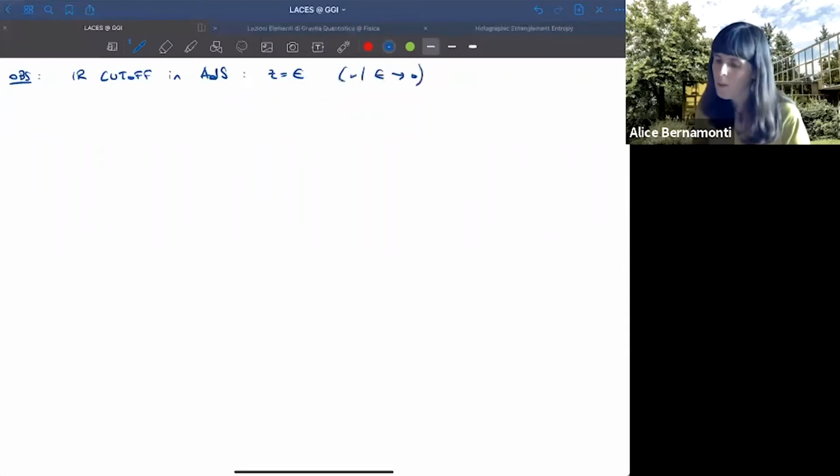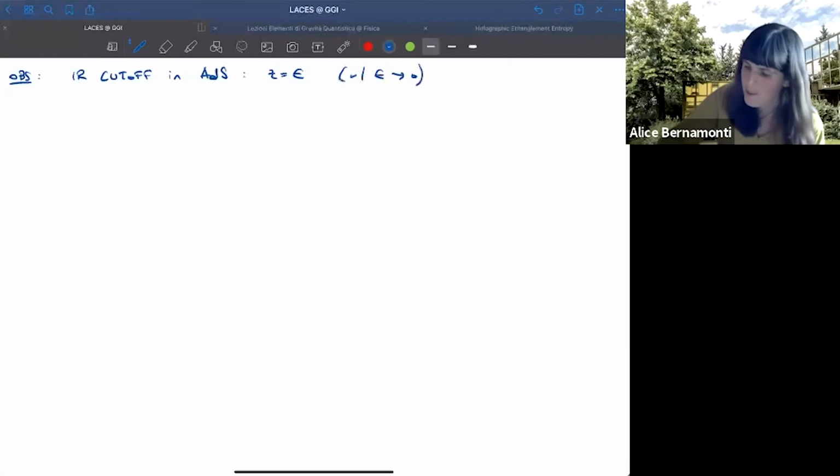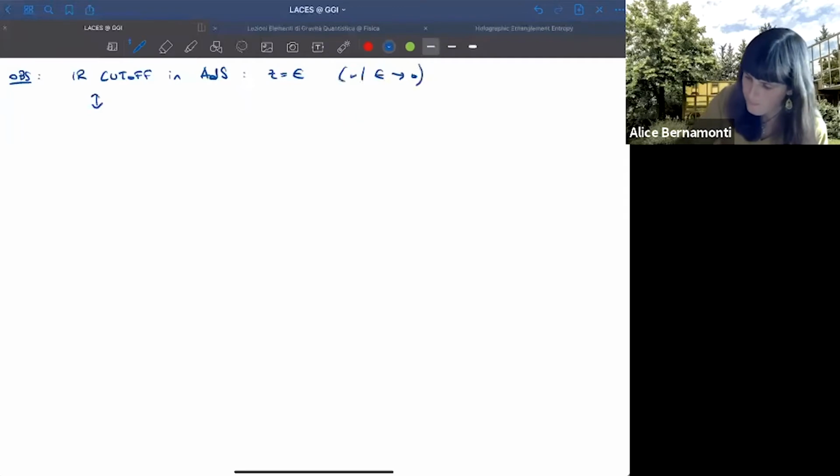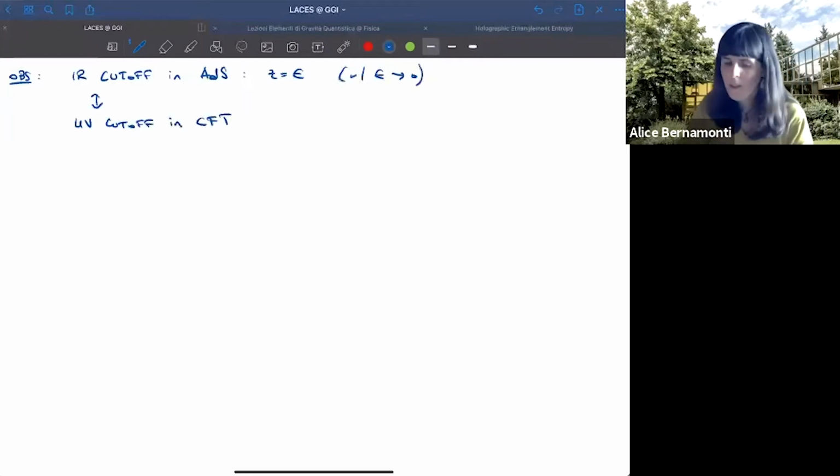And so on the boundary, this regularization, by the IR-UV connection, corresponds to introducing a UV cutoff in the boundary theory. So a short distance cutoff, or energy cutoff, at 1 over epsilon.